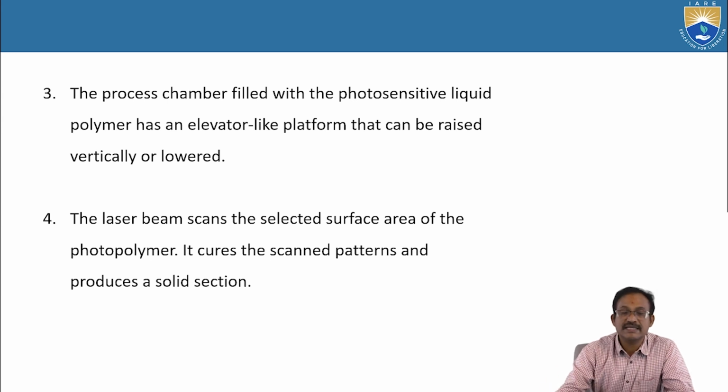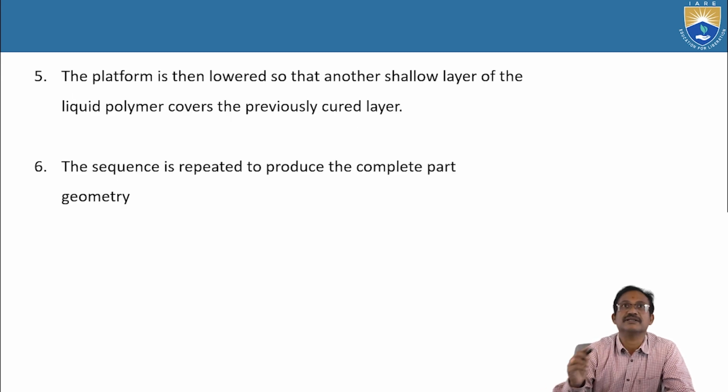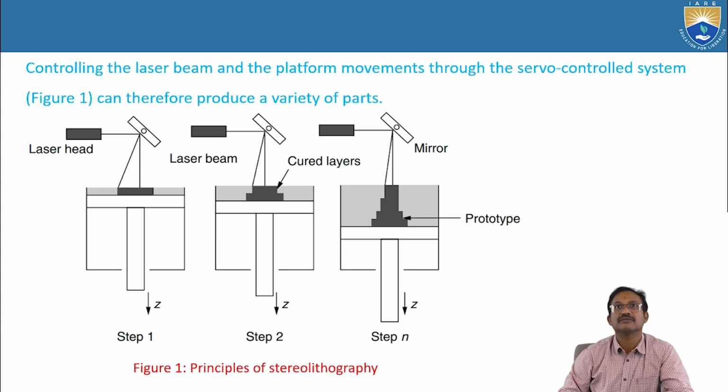It cures the scan patterns and produces a solid section. The platform is then lowered so that another shallow layer of the liquid polymer covers the previously cured layer. Already we have discussed. The sequence is repeated to produce the complete part geometry. So this is the setup.